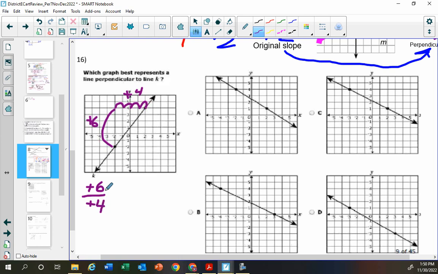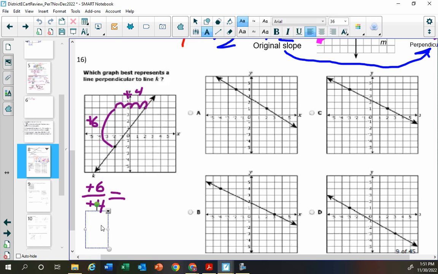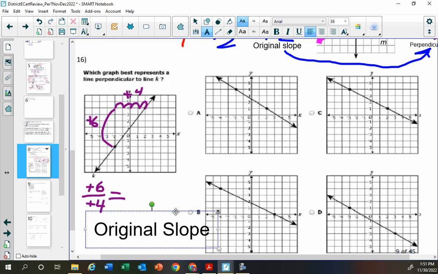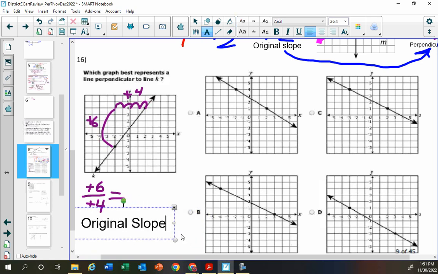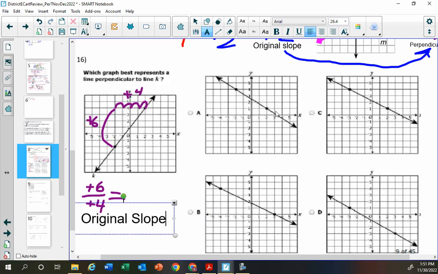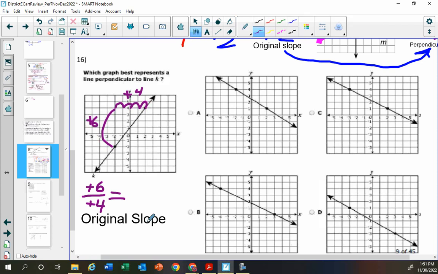Now, could you simplify 6 over 4? What was it? Can we simplify 6 over 4? Yeah. 3 over 2. Very good. So that's your original slope.